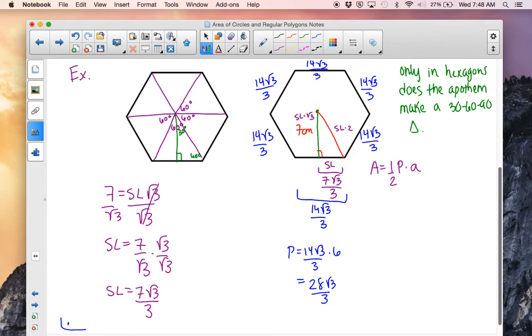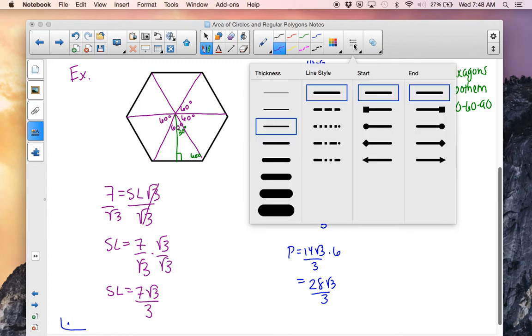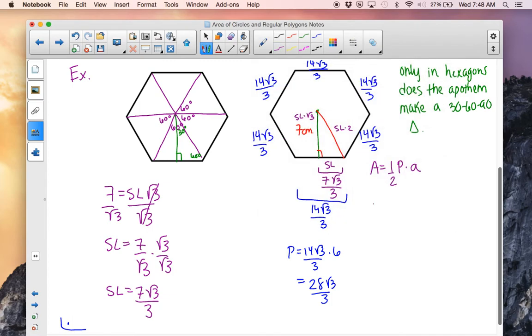And I'll just plug that into my area formula over here. So I've got area equals 1/2 the perimeter, which is 28 square root 3 over 3, times the apothem, which is 7. So what's that going to be? 28 divided by 2 times 7.